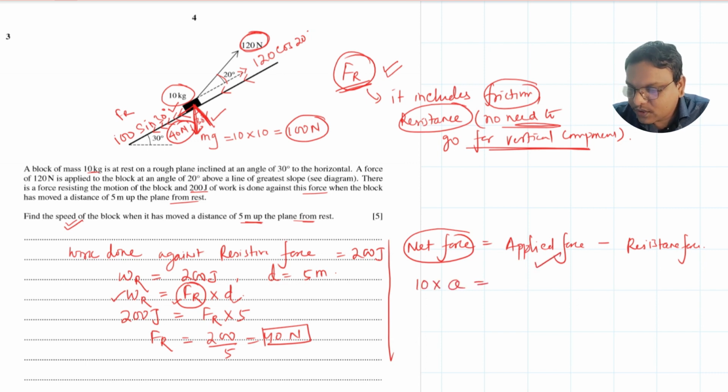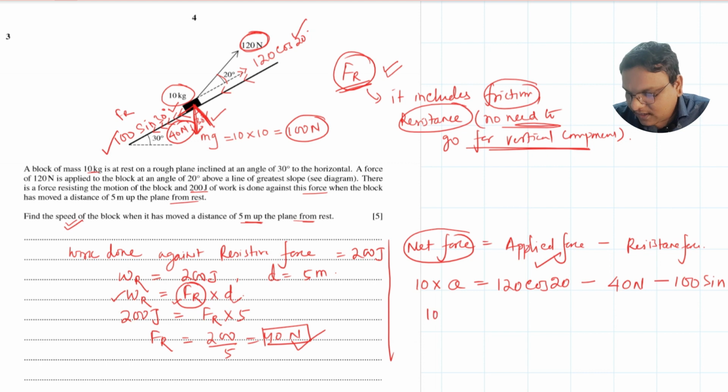So the applied force, see this is the applied force, the horizontal component, 120 cos 20, minus the resistance force we got, 40 Newton, minus what other force we have backwards, that is 100 sin 30 degrees, right?